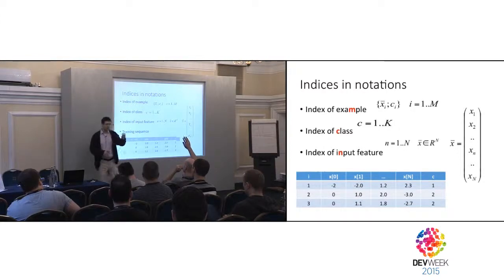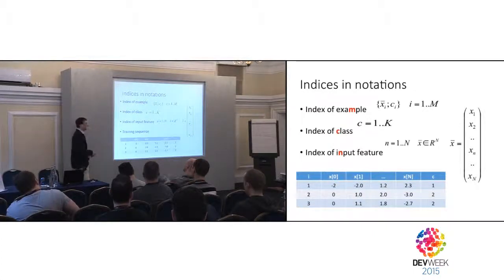Sorry, just a quick question. Would the class always be a discrete integer, or can it be a floating point? Yes, in this case, it can be basically floating point. Well, floating point in computers is also represented by a finite fixed number of bits. So it's just a matter of representation.